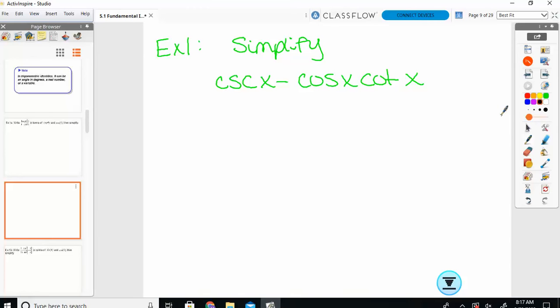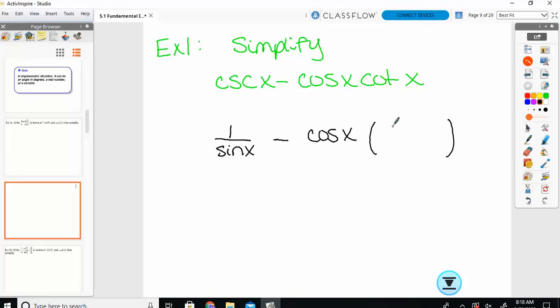When I see cosecant x, what is it equivalent to? It's the reciprocal of sine, so that is 1 over sine x. Minus cosine x, that's already in terms of sine and cosine, so I don't have to do anything to it. Times cotangent.